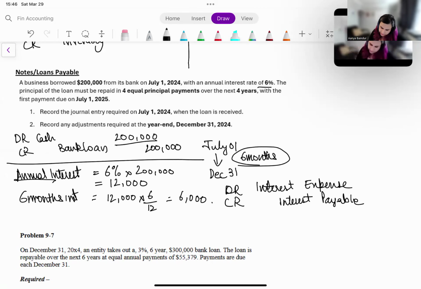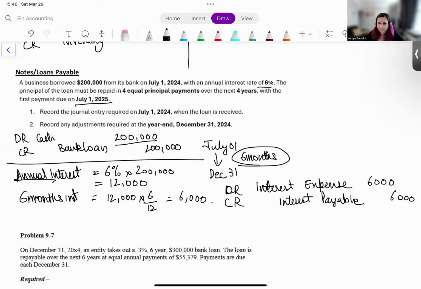Since we know the first payment is on July 1st of the next year, right now we haven't paid off the amount. We've only incurred it. So let's make it 6,000. This is what our journal entry looks like. It's fairly straightforward. We'll do the parts regarding amortization schedule a little later.